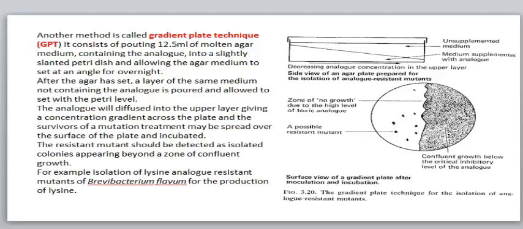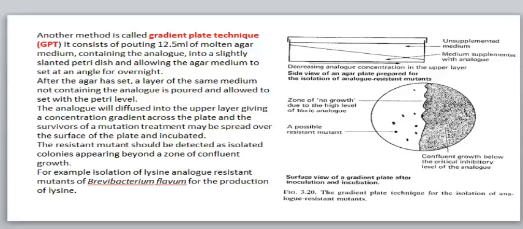If there is urea in the bottom medium and the upper is only medium, and now we take the sample or mixed culture and spread it over, which kind of bacteria will grow there? Only urease-containing bacteria, because only that bacteria can break down the urea. So we can easily isolate.